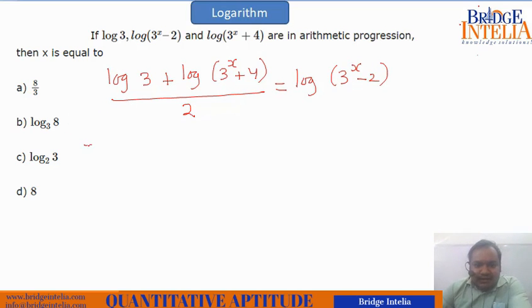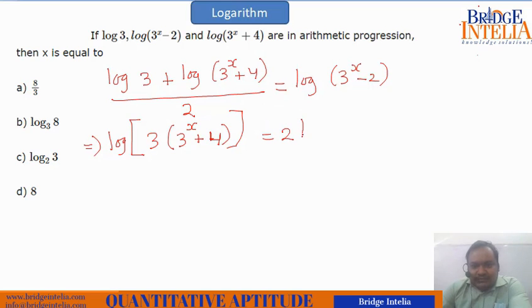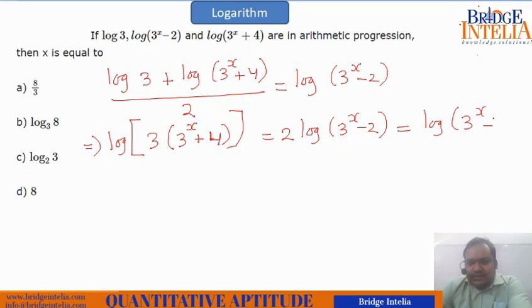So this can be rewritten as log of 3 into 3 to the power x plus 4 is equal to 2 times log of 3 to the power x minus 2, which can be written as log of 3 to the power x minus 2 whole square, because this 2 can act as the exponent.